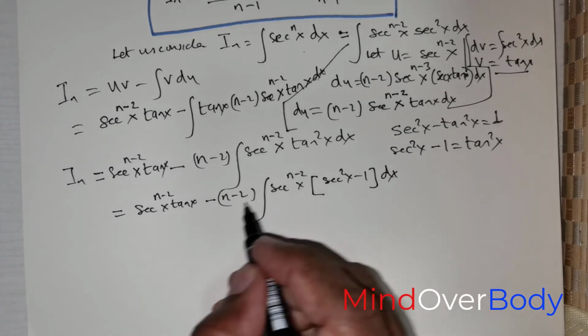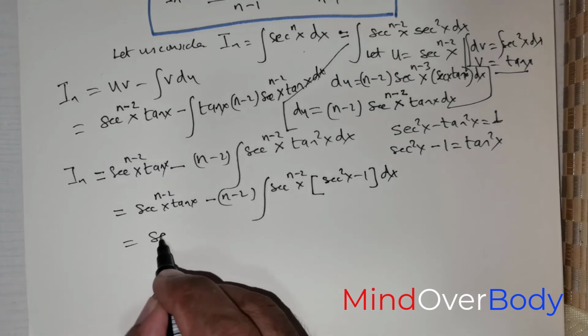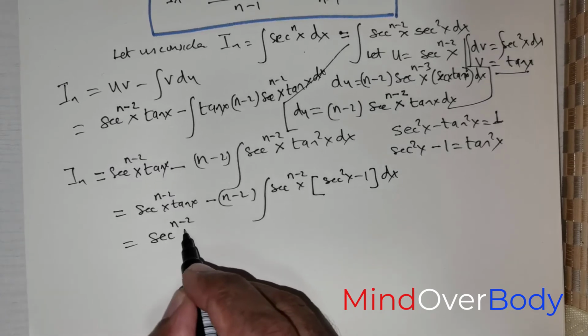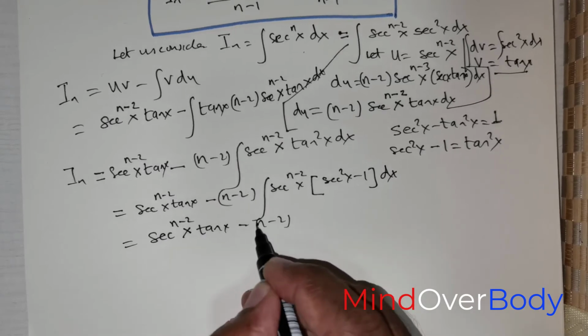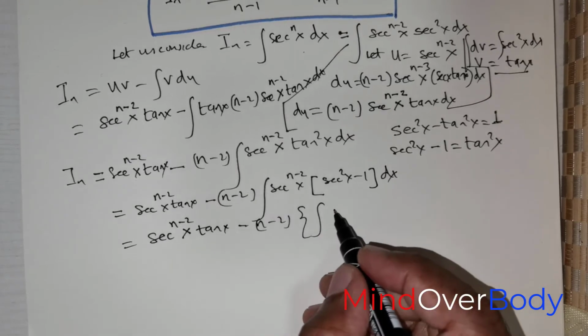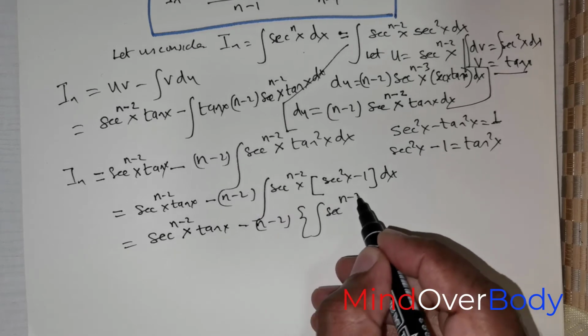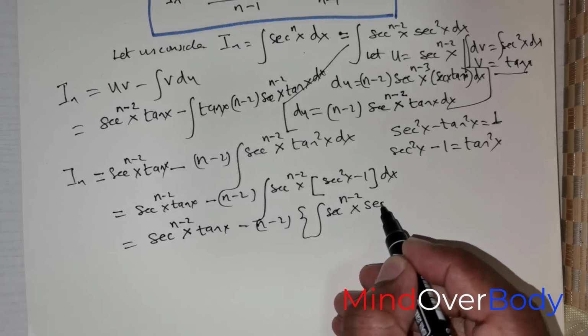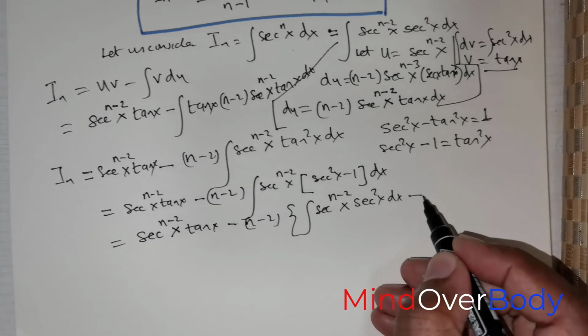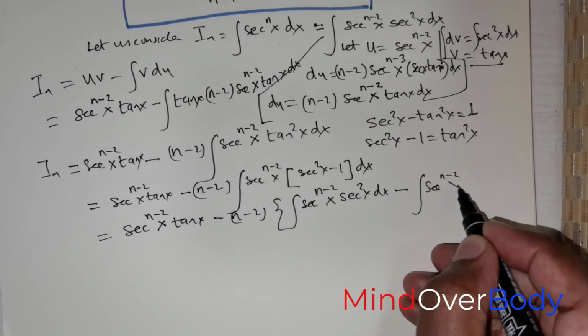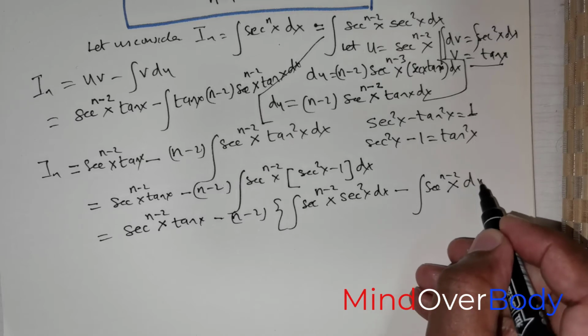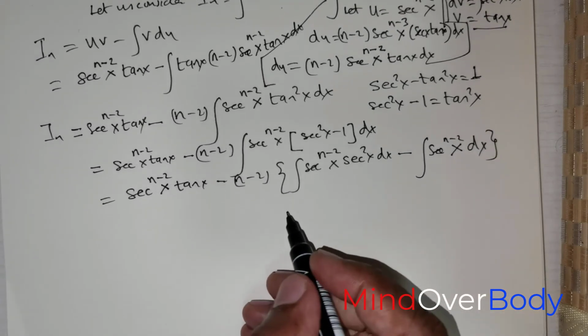So distributing this would give me secant raised to the power of n minus 2 x times tan x minus n minus 2 times integral secant raised to the power of n minus 2 x times secant squared x dx minus integral secant raised to the power of n minus 2 x dx. So this is what we've got.